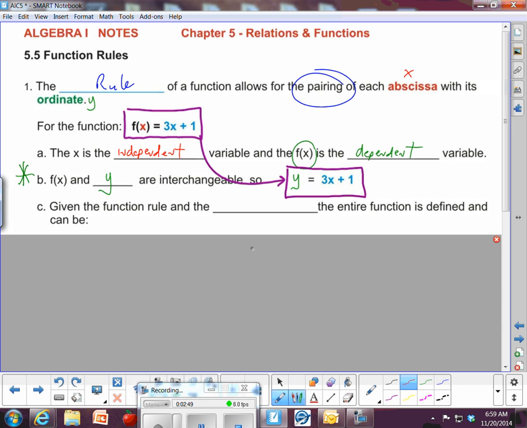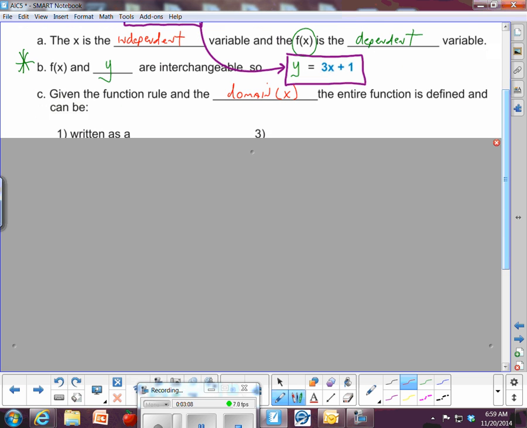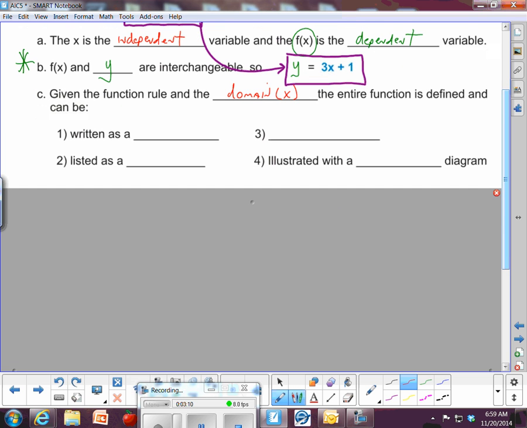C, given the function rule and the domain. Remember, the domain are all the x values, right? Given the function rule and the domain, the entire function is defined and we can do 4 different things with this. Number 1, it can be written as a table.